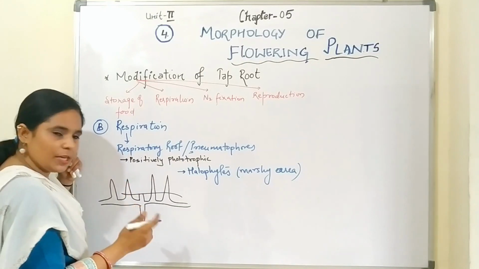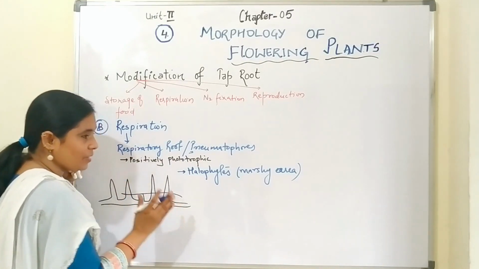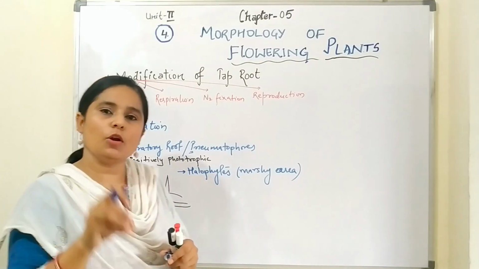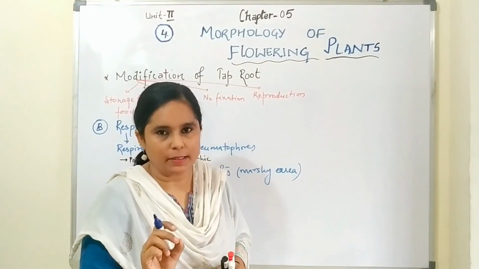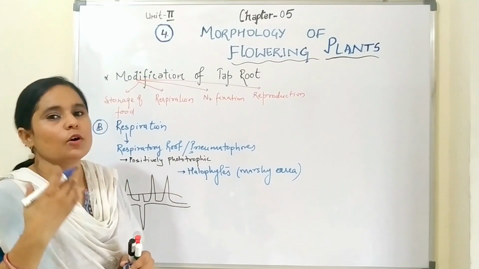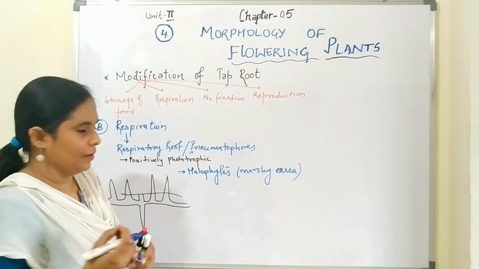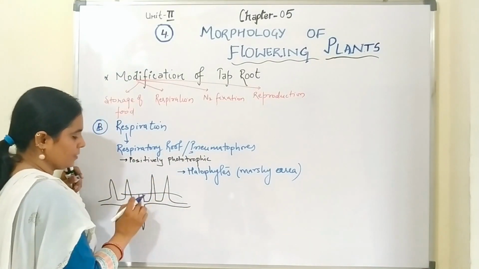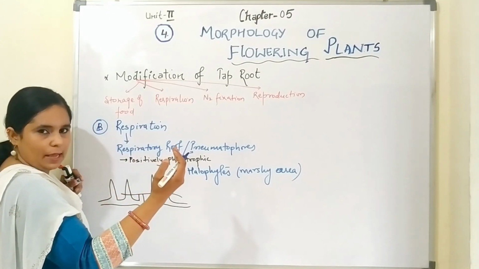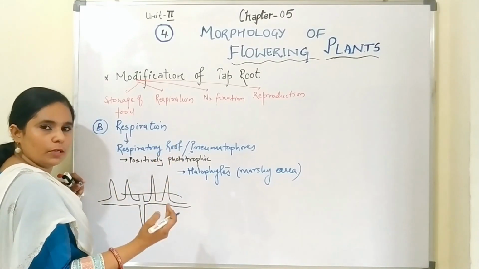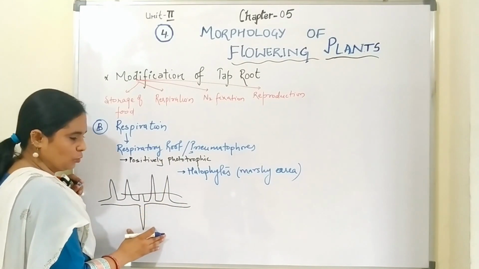Marshy areas are waterlogged, so you will find water between the soil particles. So from where will these roots take up the air? In those cases, the root will start moving towards the sunlight, opposite to the normal primary roots.